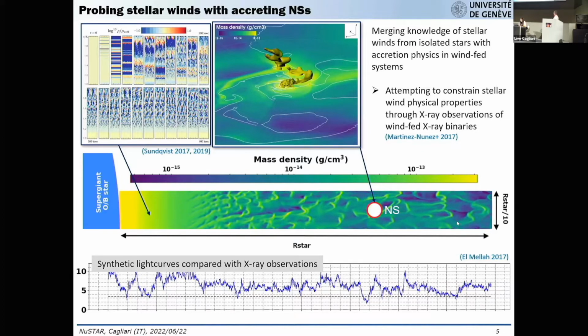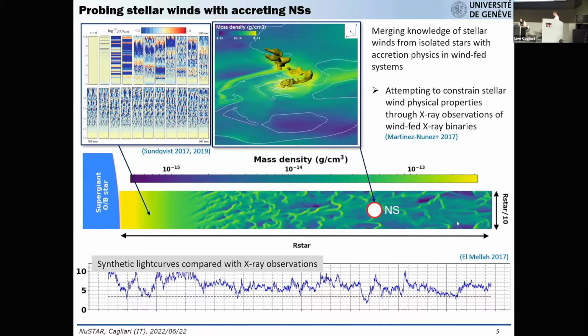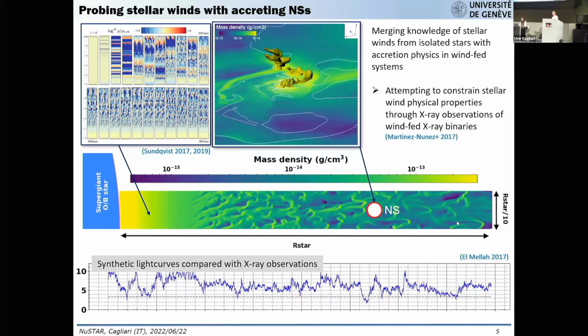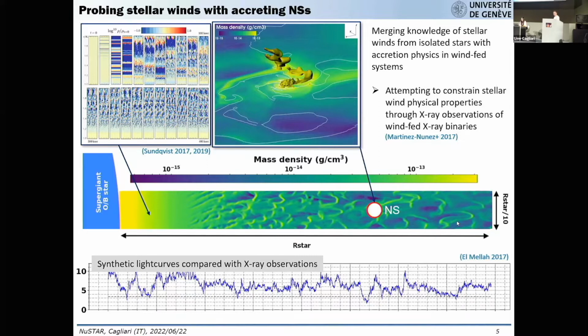So this effort is ongoing. So far, it has been focused on supergiant stars, so high mass X-ray binaries with supergiant stars. But we are also trying to refocus on symbiotic X-ray binaries to study what we call the dust-driven winds of a red giant star rather than line-driven winds from supergiant stars.